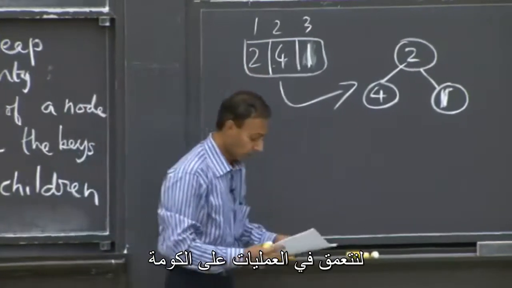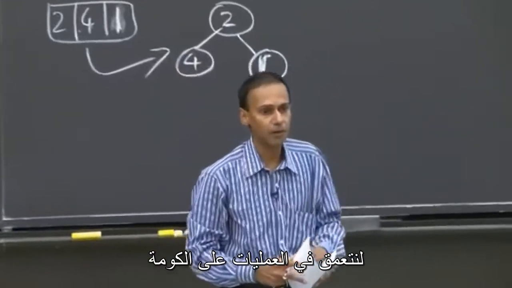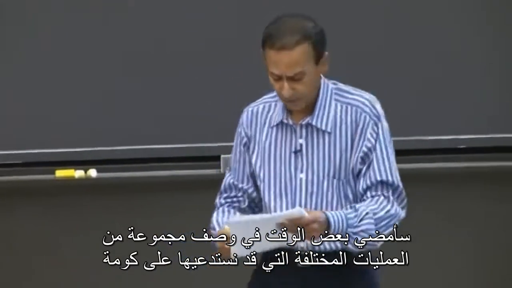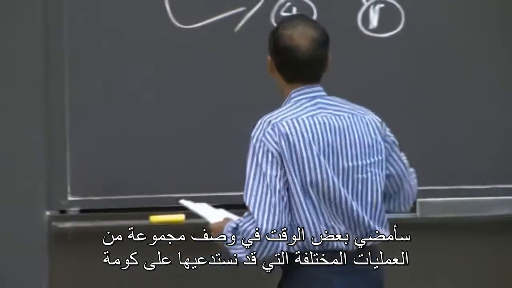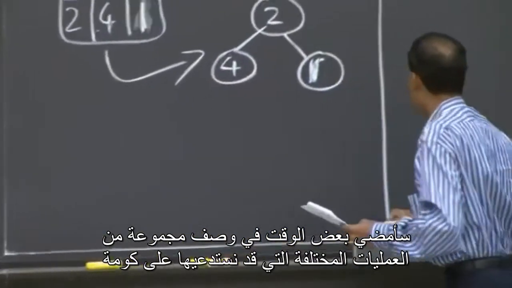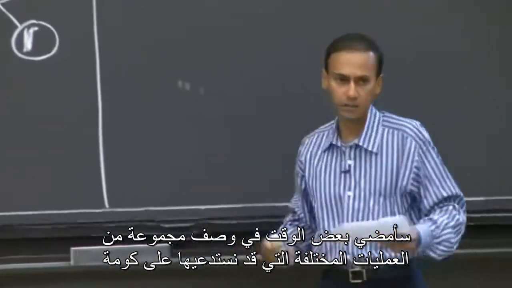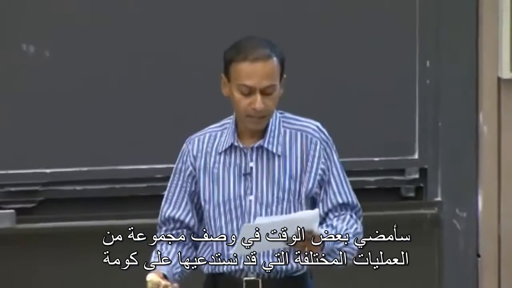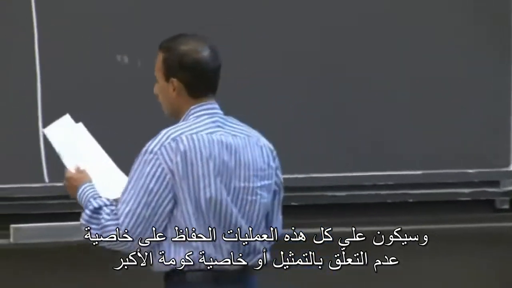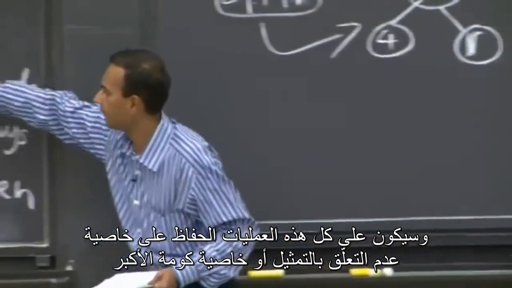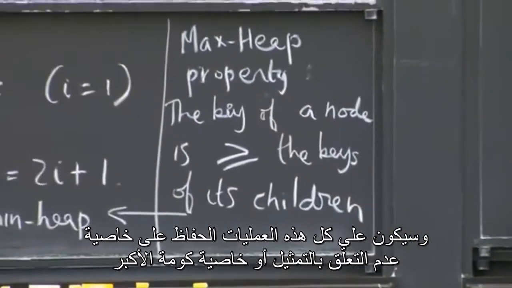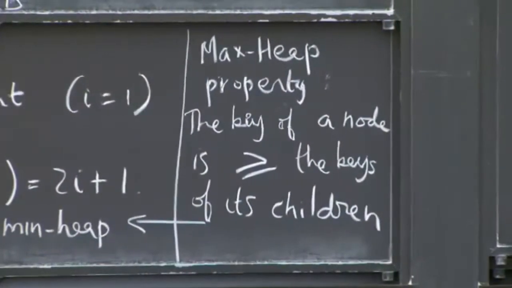Okay, so let's dive into heap operations. I'm going to have to spend some time describing a bunch of different methods that you would call on a heap. All of these methods are going to have to maintain our representation invariant, the max heap property.